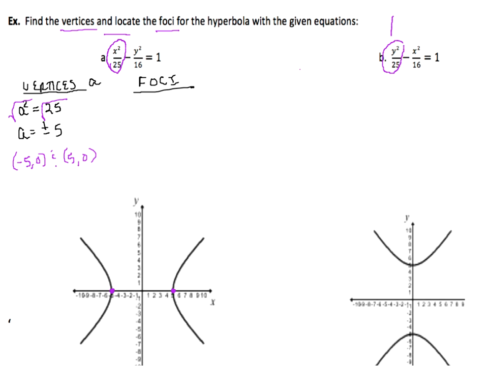And that's where that little piece of information on the last slide comes into play. This piece of information that C squared is equal to A squared plus B squared. So in this case, C squared is equal to A squared, which is 25 from our equation, plus B squared, which is 16 from our equation.